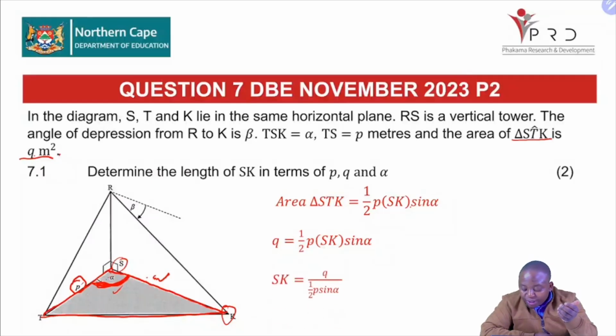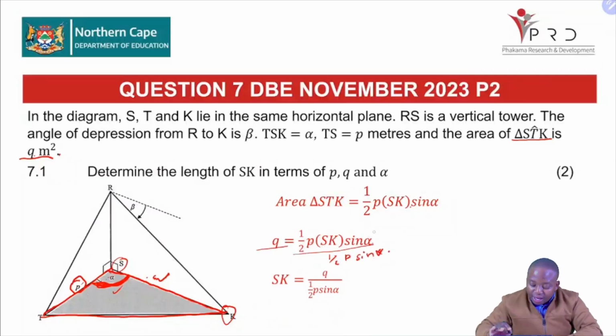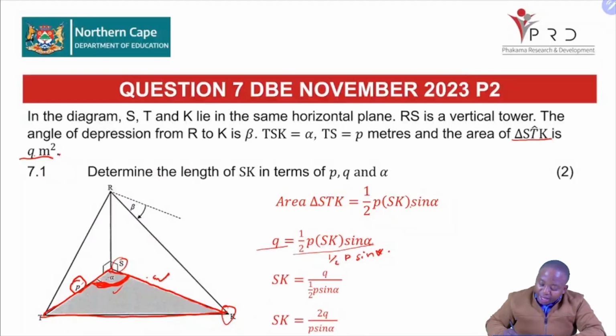I divide both sides by 1 over 2 P sine alpha, and on the left-hand side I simplify, so SK is going to be 2Q all over P sine alpha.